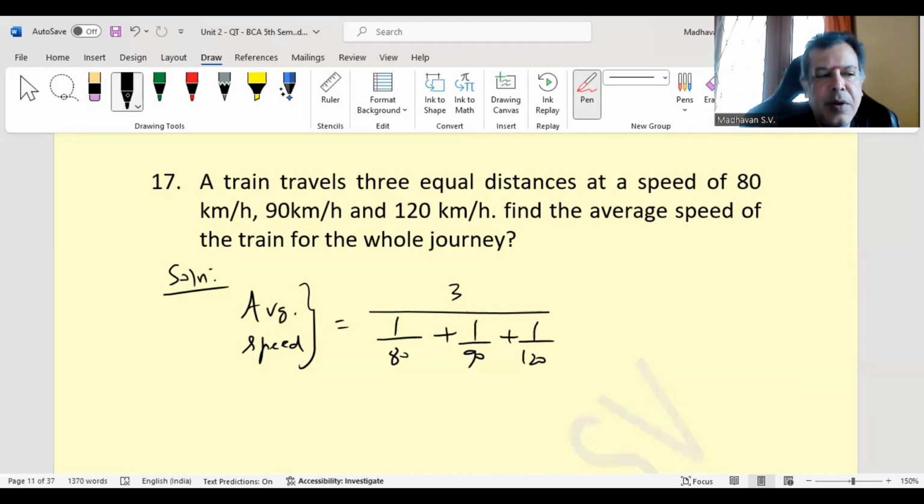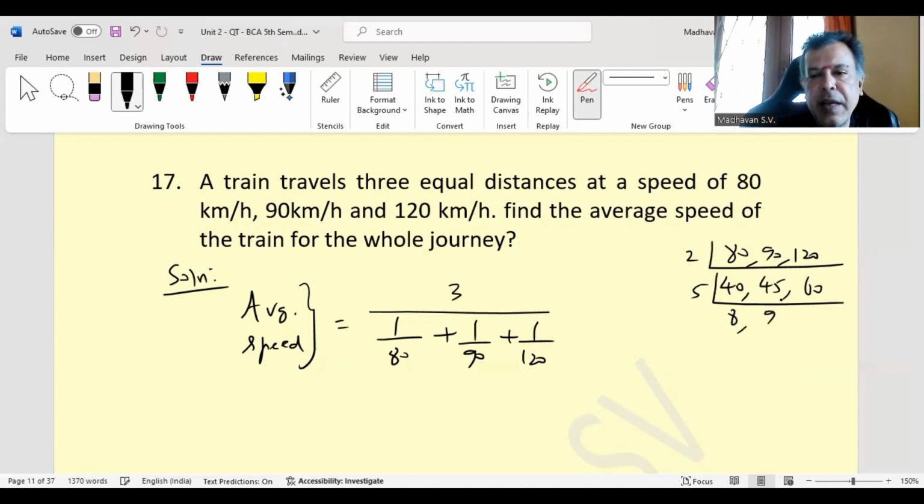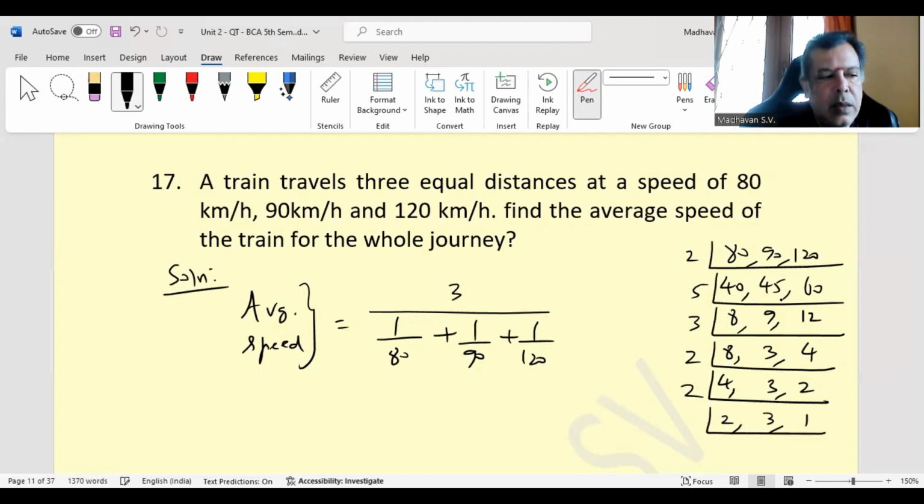So we need to take LCM of 80, 90 and 120. We do that: 40, 45, 60. Here we'll use 5: 5 8s are, 5 9s are, 5 12s are. Then we will use 3: 8, 3, 4. We'll use now 2: 2 4s are, 2 2s are. Again using 2, 2 2, 3, 1. Again use 2.